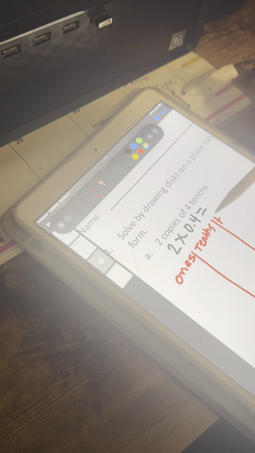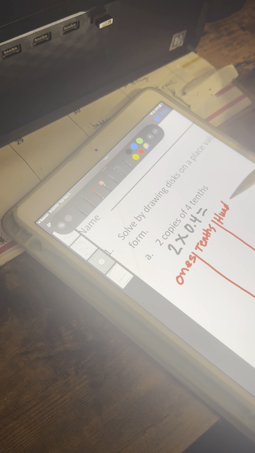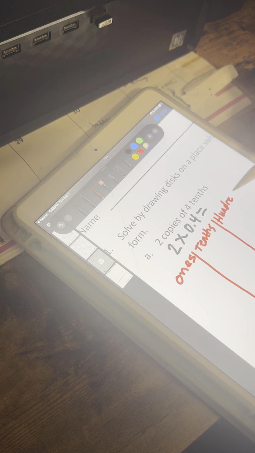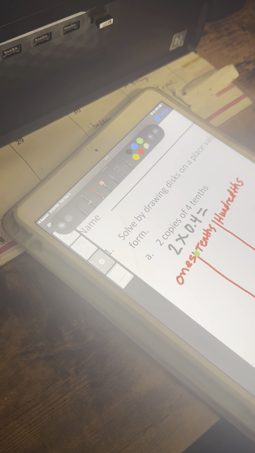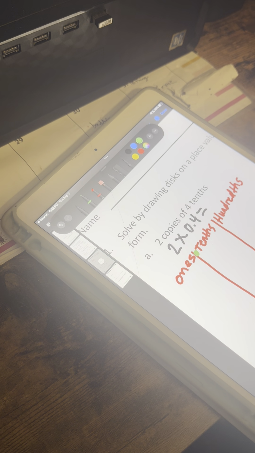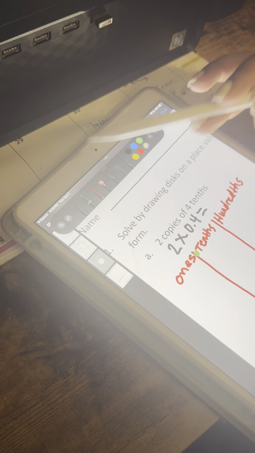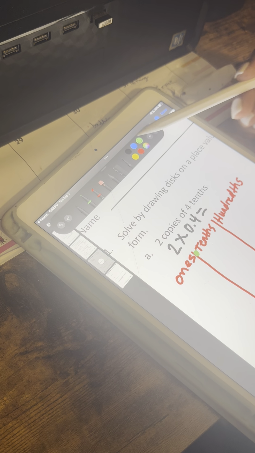And I'm going to have my hundreds. Okay? And we know our decimal goes between the ones and the tenths. So we're going to do exactly what it says. It says 2 copies, so 2 sets, 2 groups, however you want to do it, of 4/10.